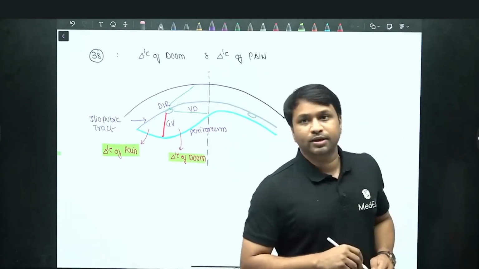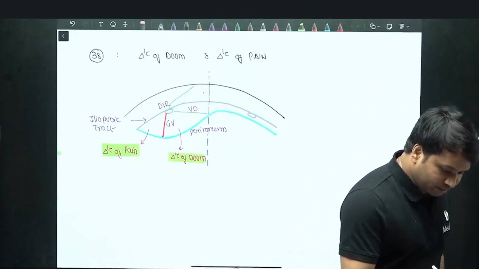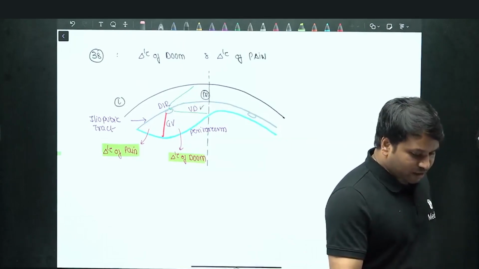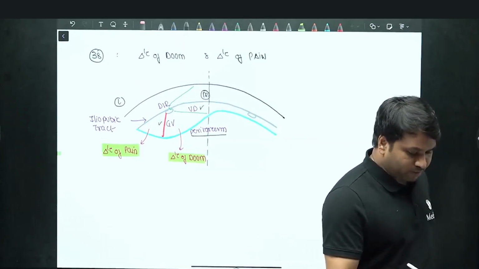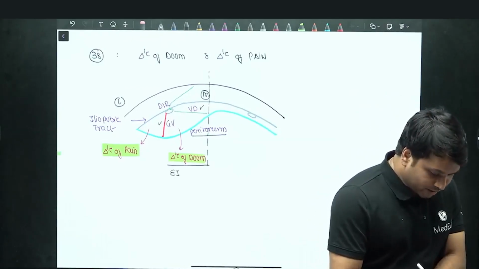If you say what are the boundaries, this is the medial side, this happens to be the lateral side. Medially it is formed by vas deferens, laterally gonadal vessels, inferiorly by peritoneum. The components that you have are your external iliac artery and the external iliac vein.